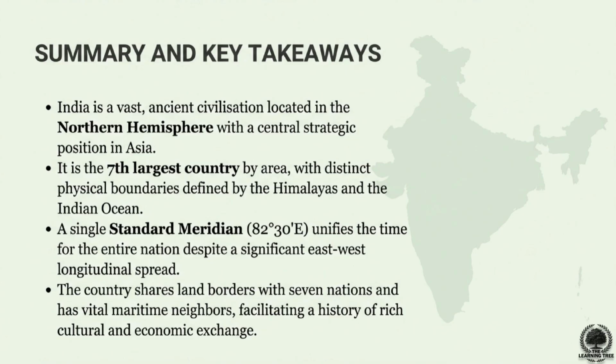The country shares land borders with 7 nations and maintains important maritime links. Despite its wide east-west spread, a single standard meridian at 82 degrees 30 minutes east ensures uniform time across the nation. Together, size and location shape India's geography, history, and global importance.